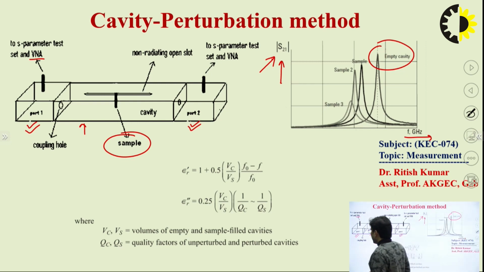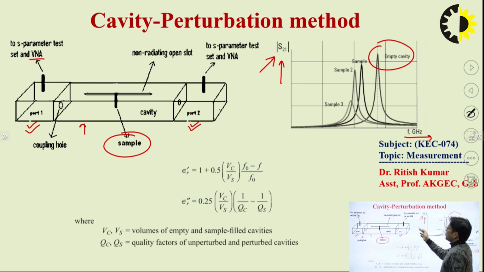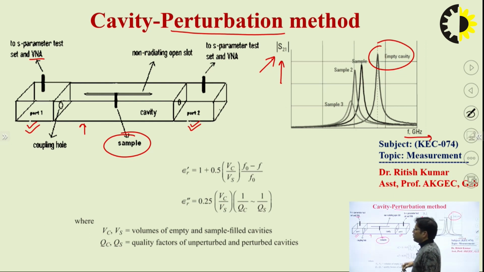If you want to know the dielectric constant of any material, then you need to disturb the power that flows from port 1 to port 2. Perturbation means you are disturbing something, and whenever you disturb something, you will receive a different power at port 2.